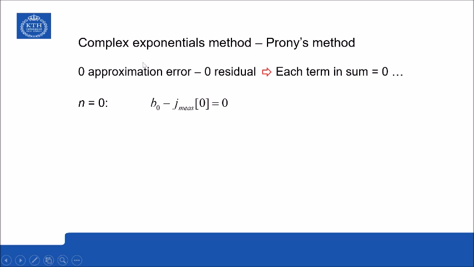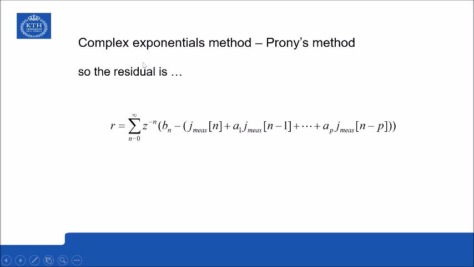So for n equal to 0, we have this term, b0, and the measured impulse response function for the first sample, for n equals 0, is also available.